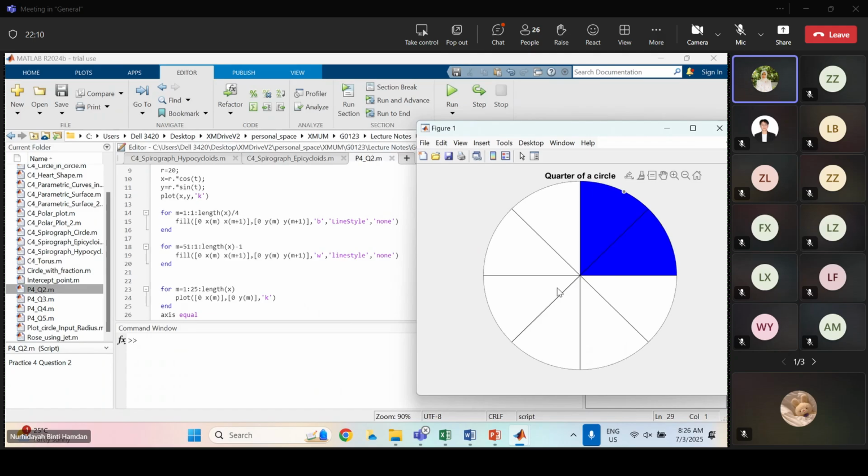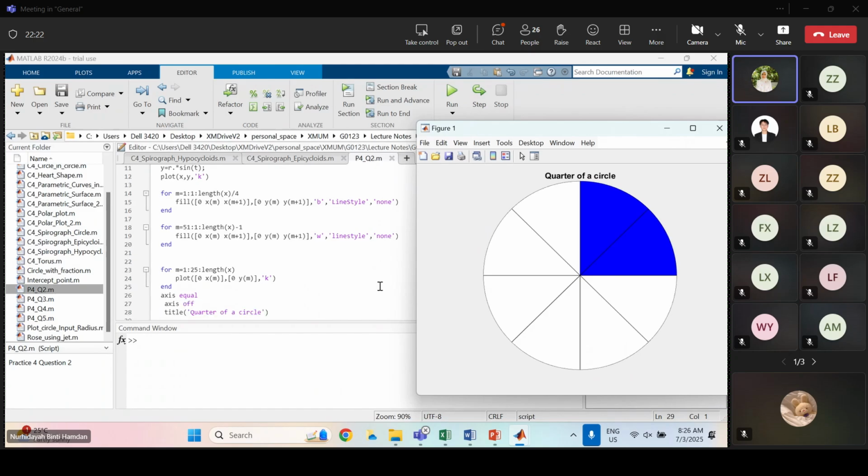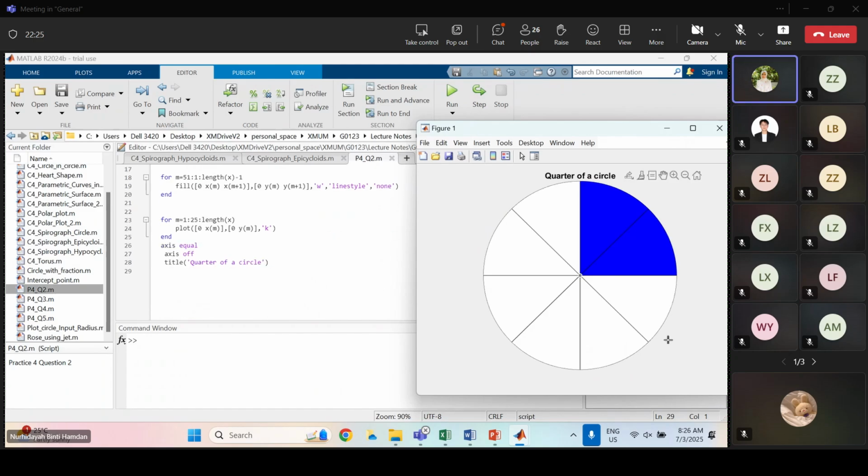The method of coloring a fraction like this, you can also apply in pentagon, hexagon, star, and so on. Then after that, we draw the line here with black color. So 1 to 25 length x, which is 201 length. Plot 0 xm, 0 ym with black.